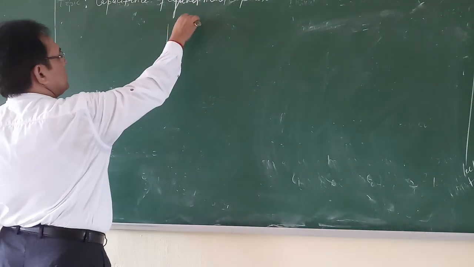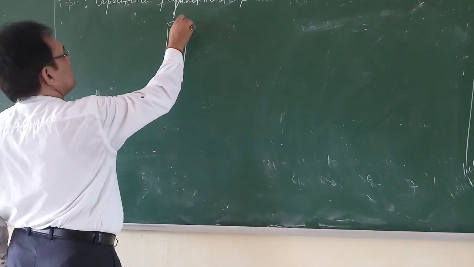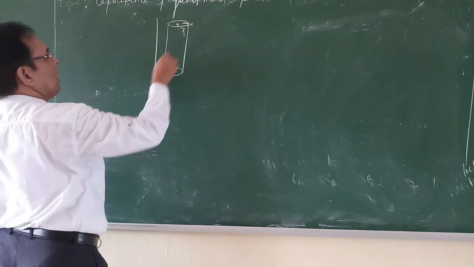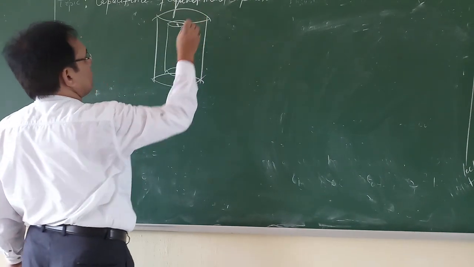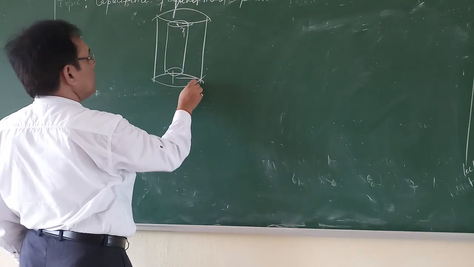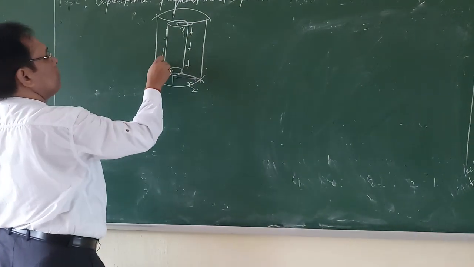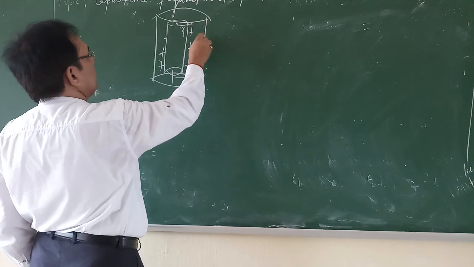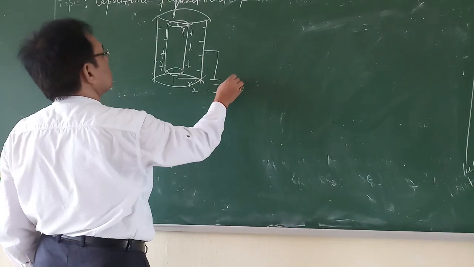Like this is a cylindrical capacitor of radius R1 and this is the outer cylinder of radius R2. When the positive charge is given to this capacitor, here negative charge will be there, and if it is earthed.